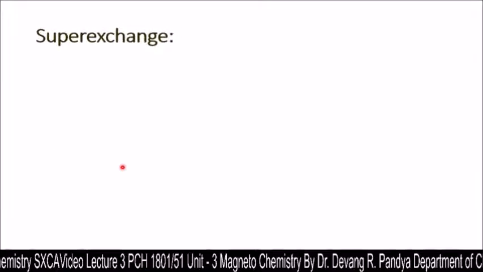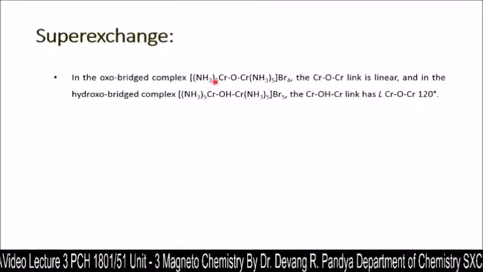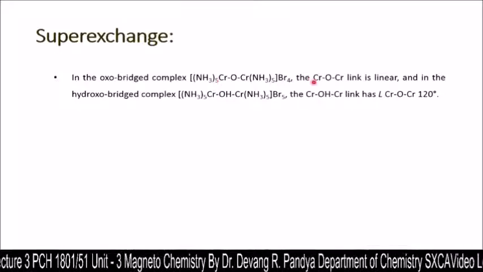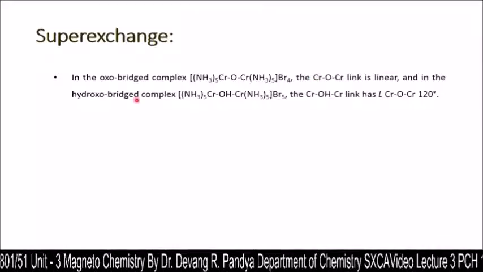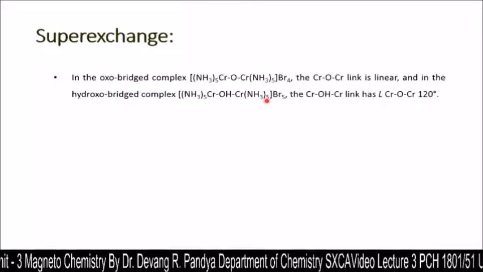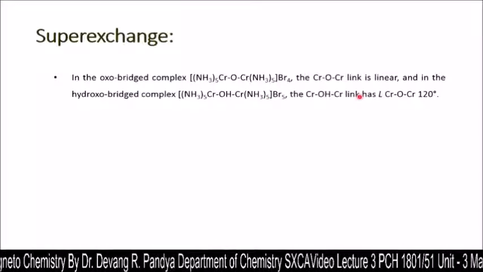In the oxo-bridged complex [(NH3)5Cr-O-Cr(NH3)5]Br4, the chromium-oxygen-chromium link is linear, and in the hydroxo-bridged complex [(NH3)5Cr-OH-Cr(NH3)5]Br5, the chromium-hydroxide-chromium link has a chromium-oxygen-chromium bond angle of 120 degree.